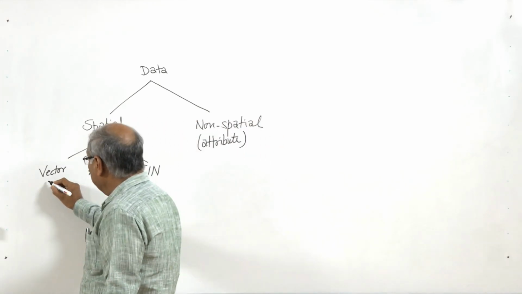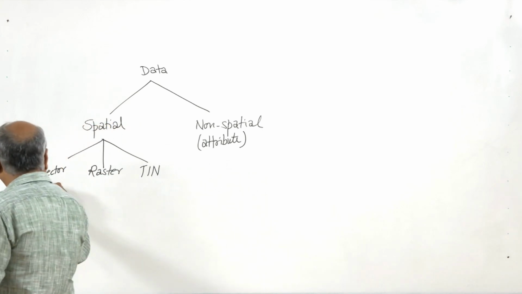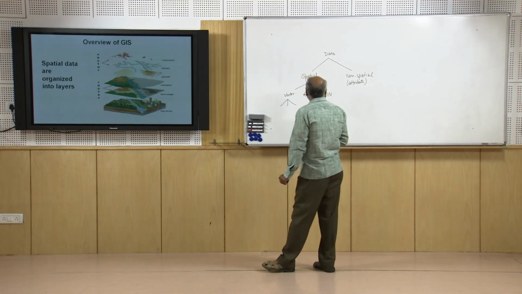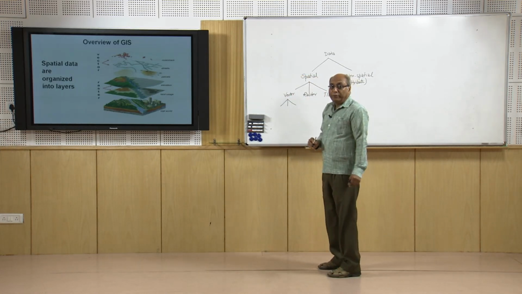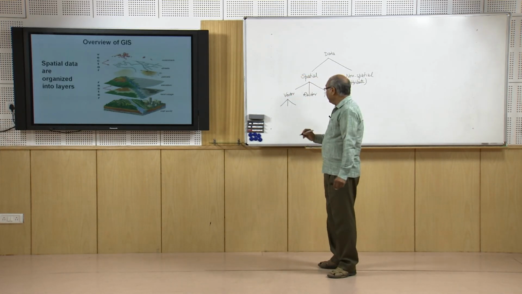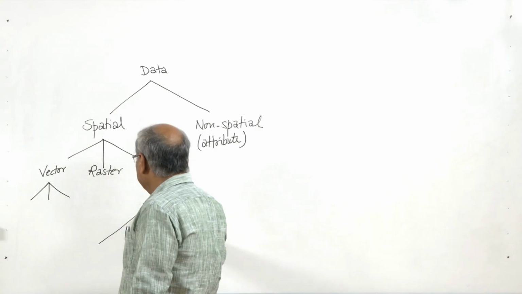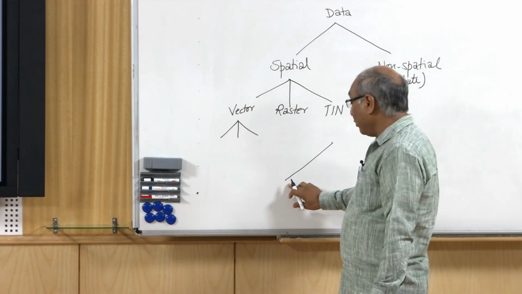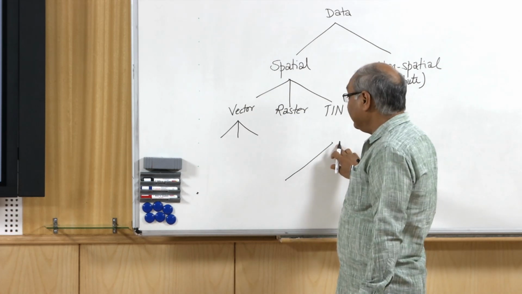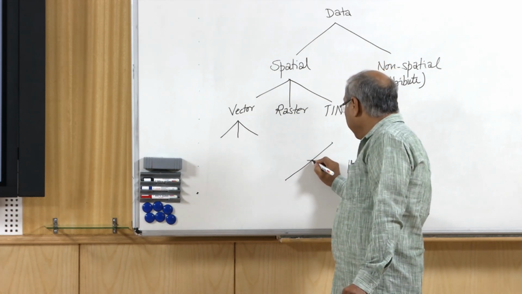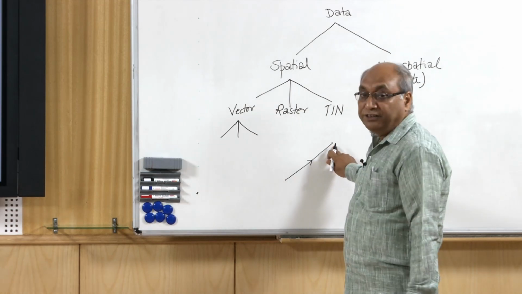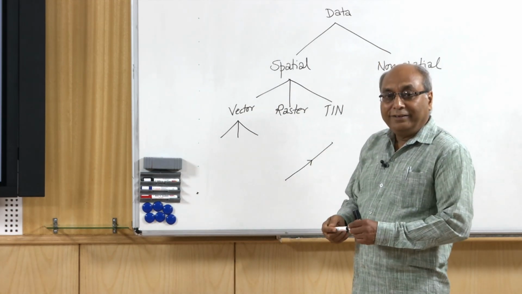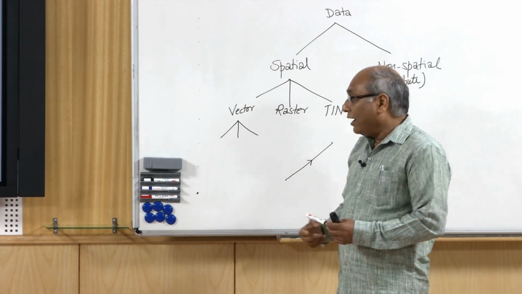Now if we see different types of vectors, there are three entities. But generally the concept of vector which was given to us in mathematics is that you have two points, one is the begin point or origin, another one is the destination, and then you have direction. So you basically have magnitude and direction, that is a typical vector. But in GIS we use three different types of vectors.